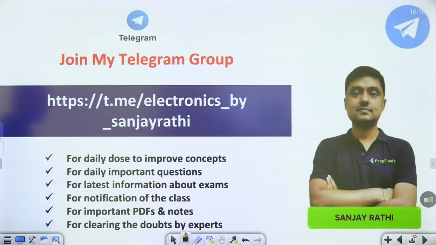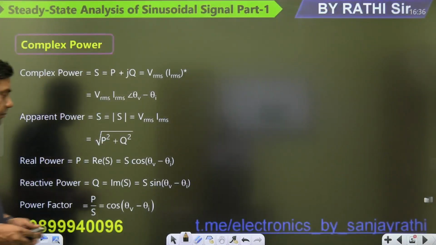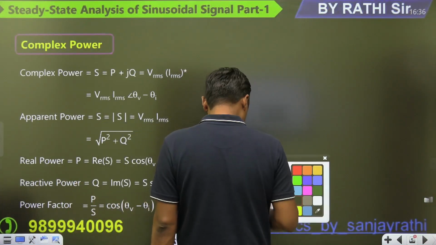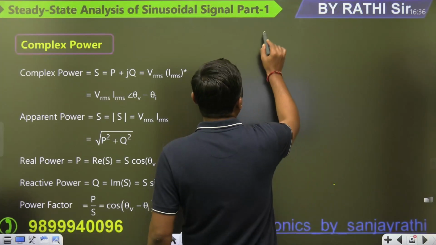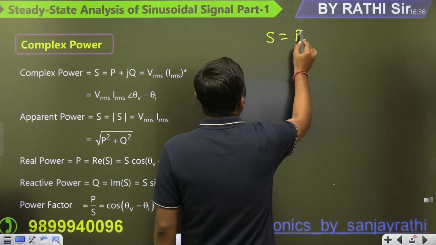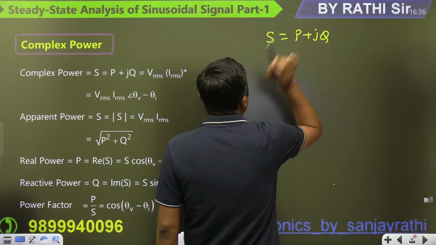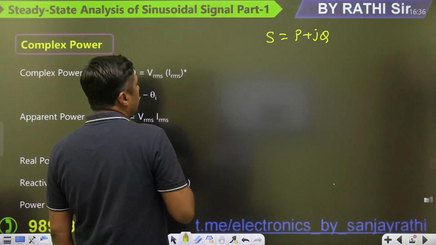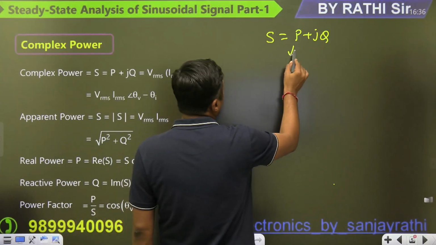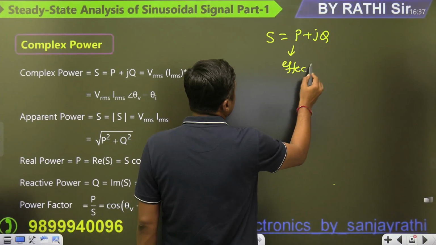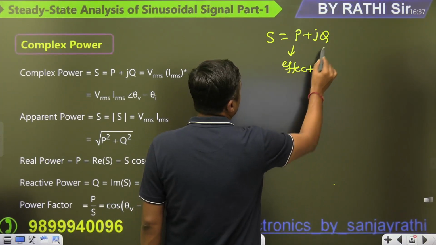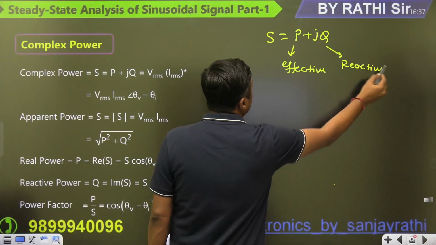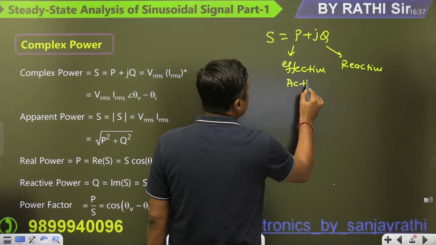Now guys, in the previous class we have discussed complex power. Quick revision. Complex power is P plus JQ, where P gives the effective power or average power, and Q gives the reactive power, also called active power.